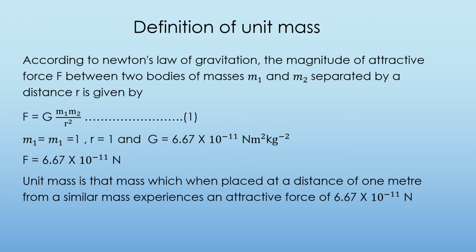Now, considering m1 and m2 equal to 1, r equal to 1 and G as 6.67 into 10 raised to minus 11, F is equal to 6.67 into 10 raised to minus 11 Newton. So the unit mass is that mass which, when placed at a distance of 1 meter from a similar mass, experiences an attractive force of 6.67 into 10 raised to minus 11 Newton.